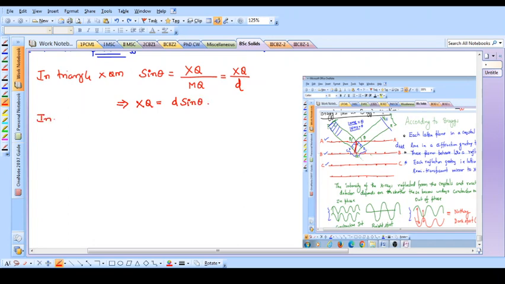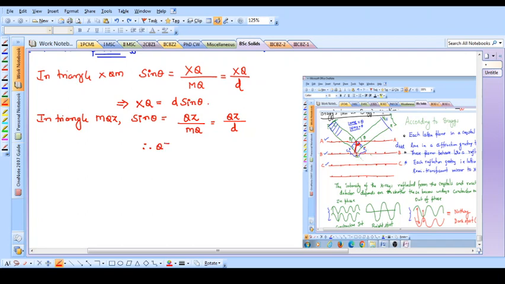Similarly, if I consider the second triangle, right angle triangle MQZ, here sin theta is again opposite side, QZ, divided by hypotenuse. Hypotenuse is again MQ, which is nothing but the distance between the two planes, also called the interplanar distance.